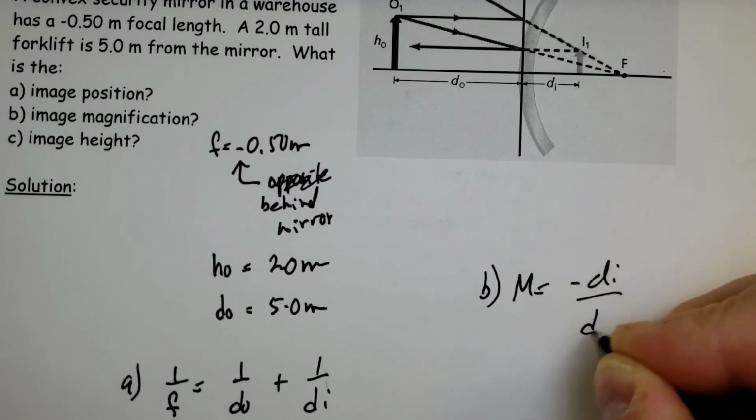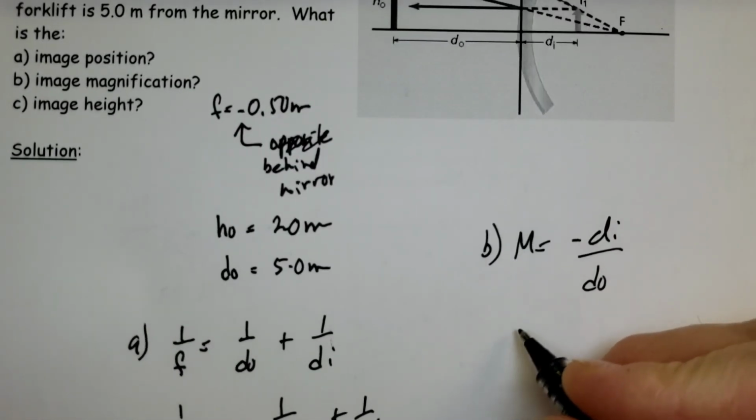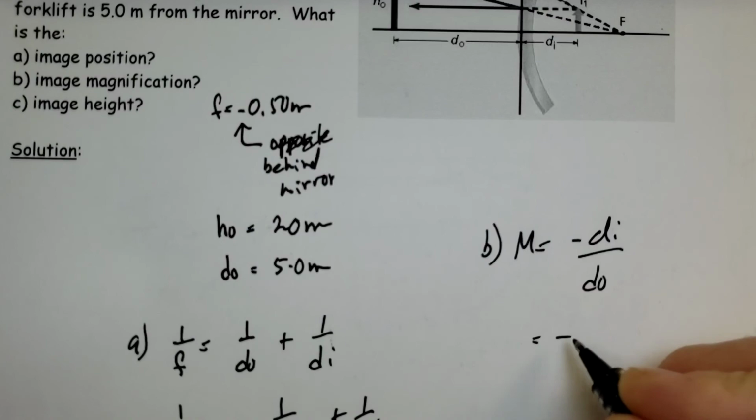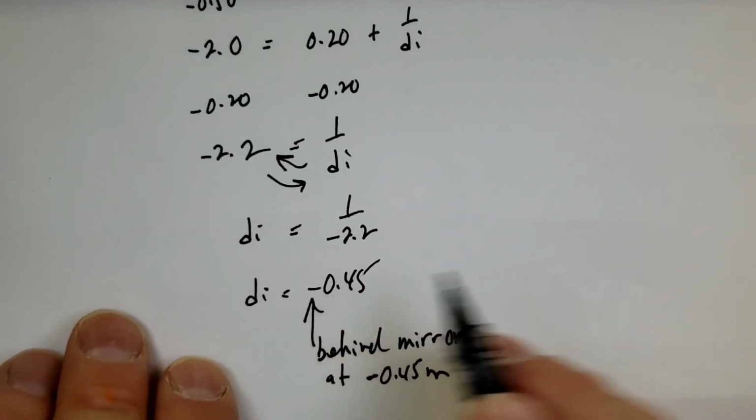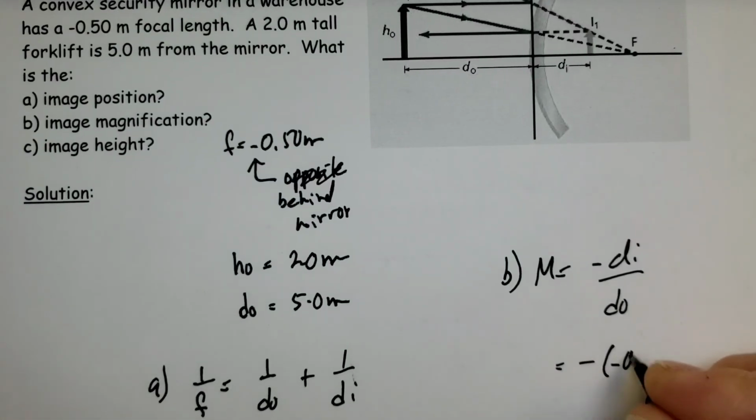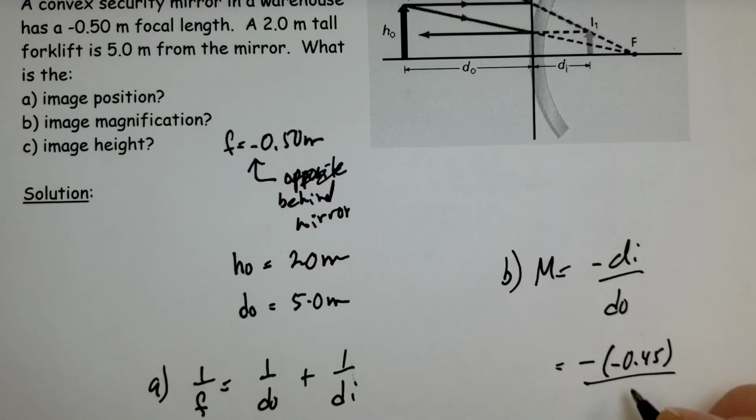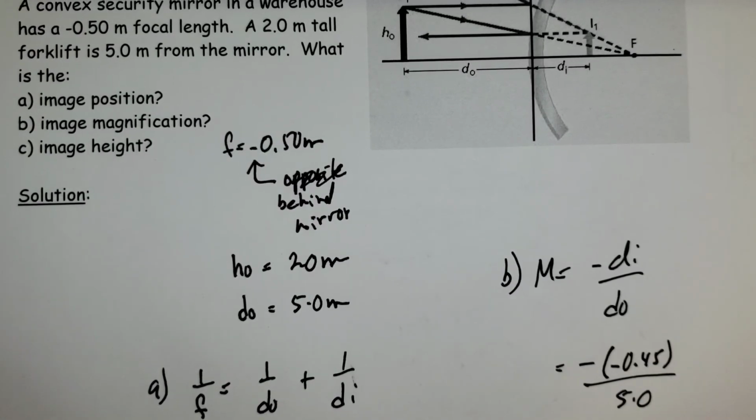B, magnification. Negative DI over DO. So if we take a look at that, negative DI, so my DI here is negative 0.45, and my object distance was 5 meters from the mirror. So we are going to get 0.090 times as large.